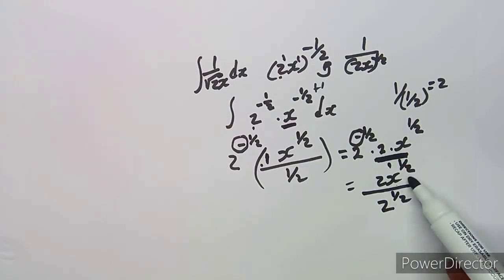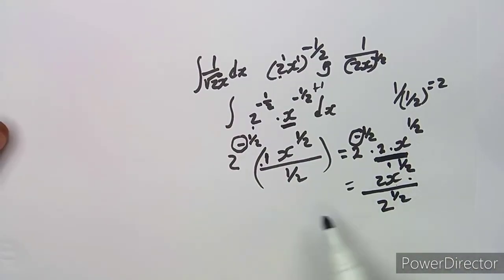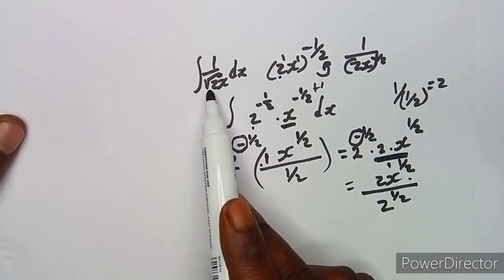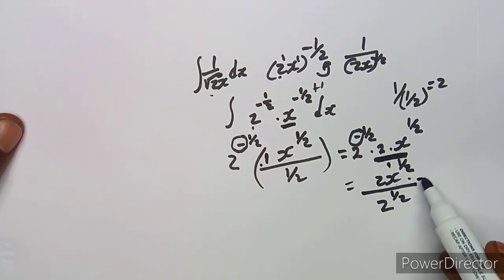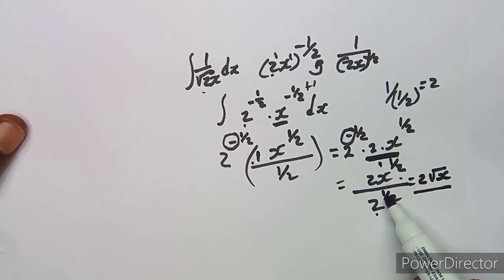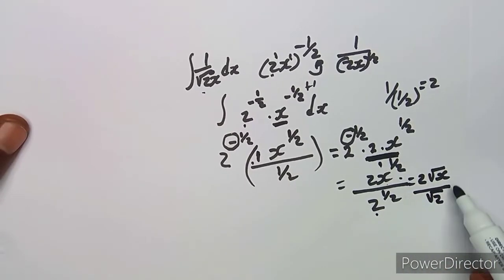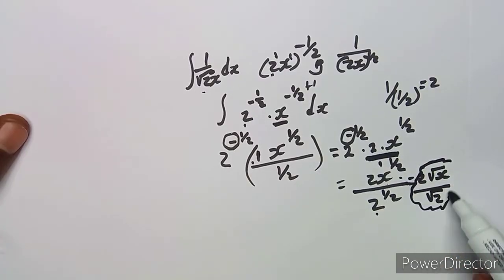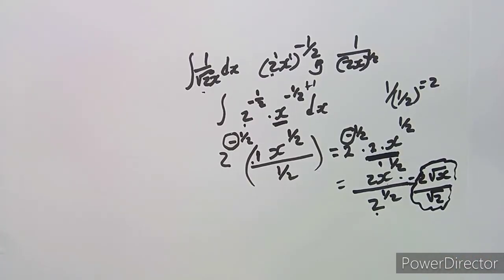But we all know that to the exponent of a half simply means square root, just like what we had here. That was a square root. So this is going to give us 2 square root of x over, this is 2 to the exponent of a half, which is square root of 2. So this is what we are going to have: 2 square root of x over square root of 2.